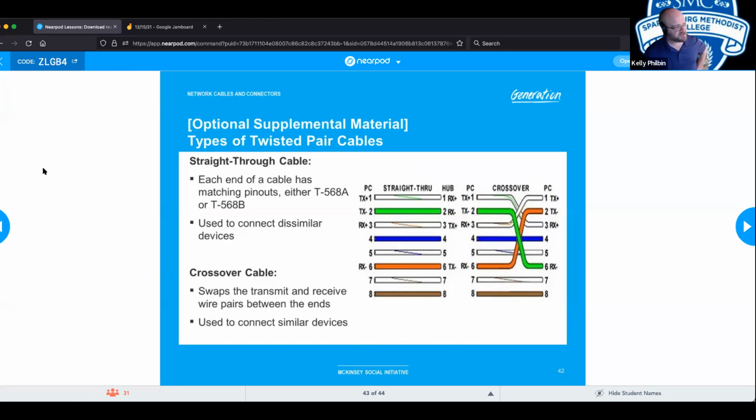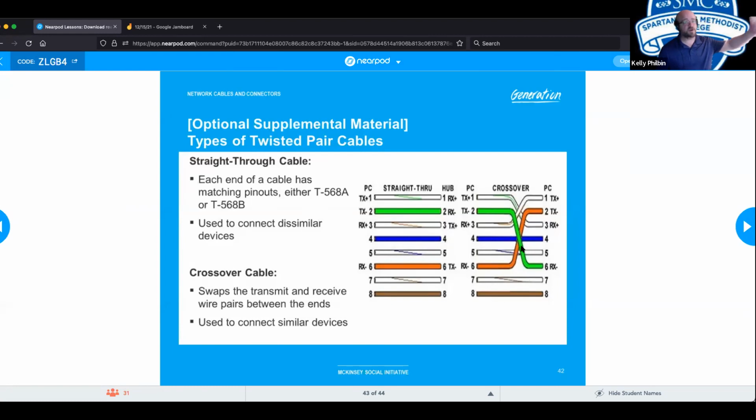Yeah, 4, 5, 7, and 8 don't cross over at this time because there's no communication going down those lines. They're typically using 1, 2, 3, and 6. Those are your communication pins. Now they use all 8. So now there's a lot more to a crossover than just this.